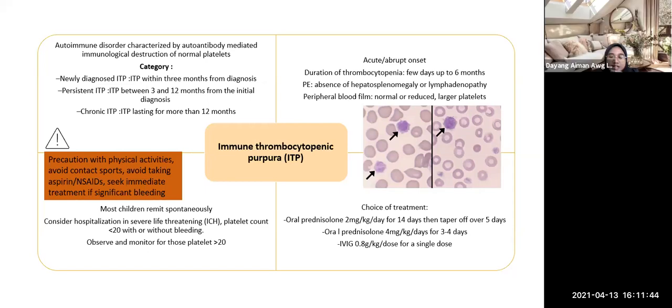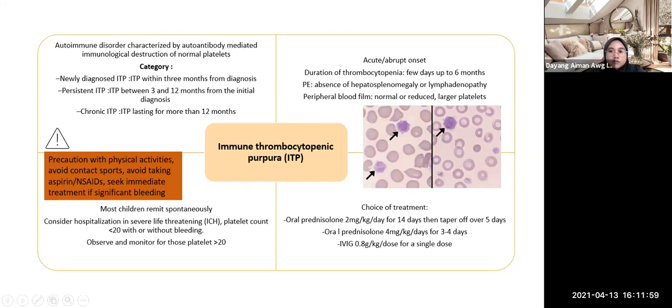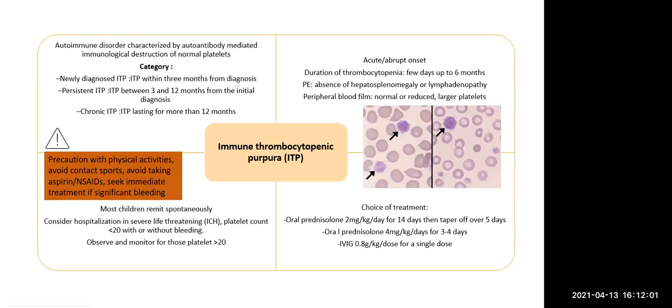So since ITP is autoimmune, you can give IVIG. One thing I need to remind everyone, I've seen cases where we advise patient properly, but one thing we forget is the school, because children have many things in school.